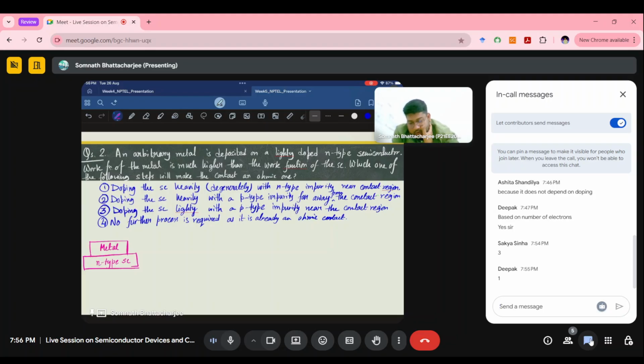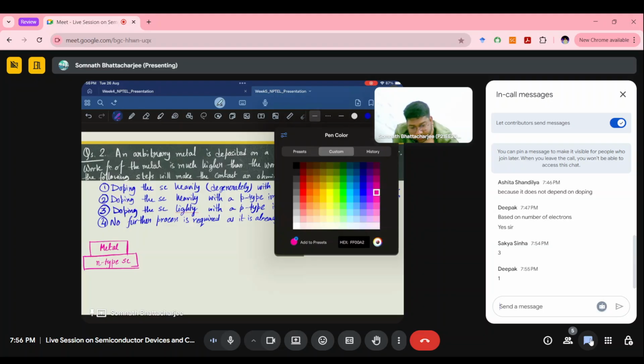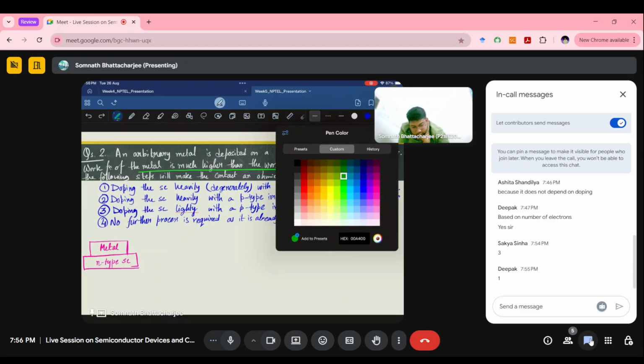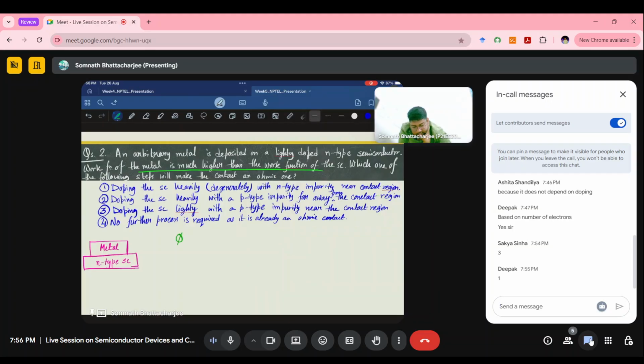There was another thing: first we need to eliminate one, right? For that, we know the metal work function is much higher than the semiconductor work function. So we can write psi m is greater than psi s.